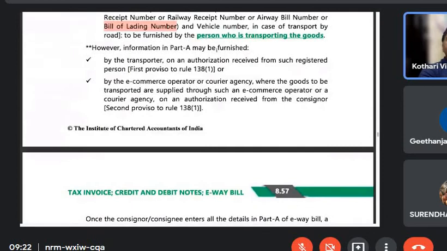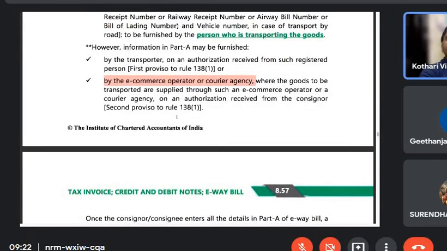Information in part A may be furnished either by the transporter or by the e-commerce operator or the courier agency or the supplier.